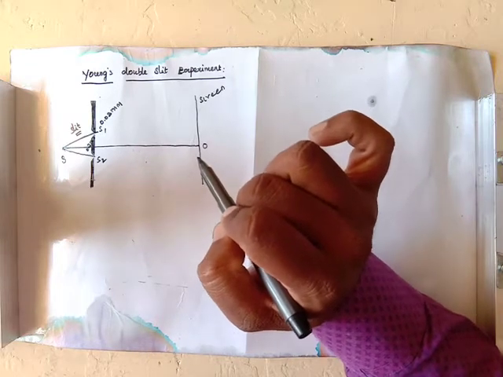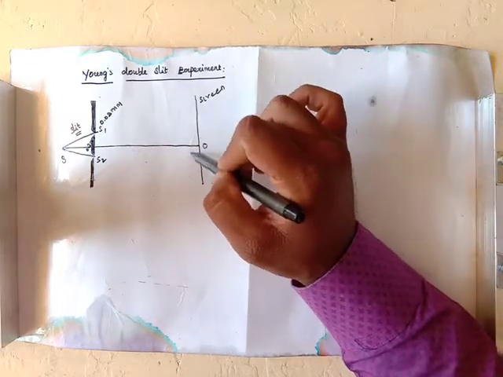Using an eyepiece, we can see these interference fringes.